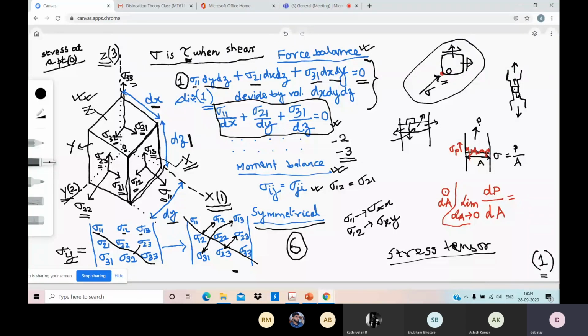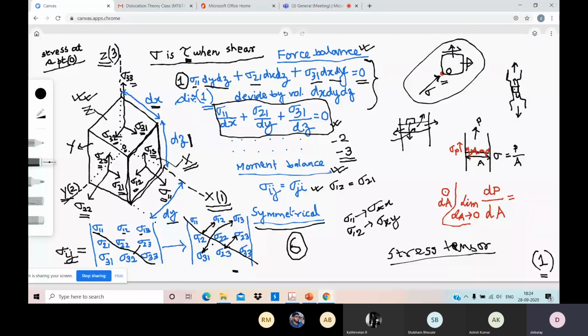Normal stress is written as sigma; shear stress can be written as sigma with mixed indices. For example, seeing sigma 1 2, sigma 2 3, you will understand that it is shear. For normal, it is 1 1, 2 2, 3 3. You can also write shear stress as tau: tau 1 2, tau 2 1, tau 2 3, tau 3 2, like that.